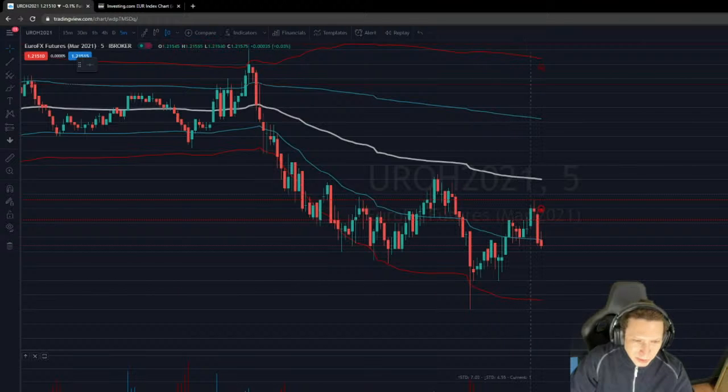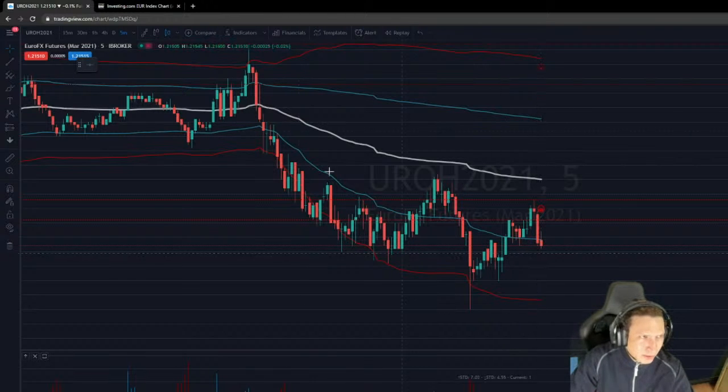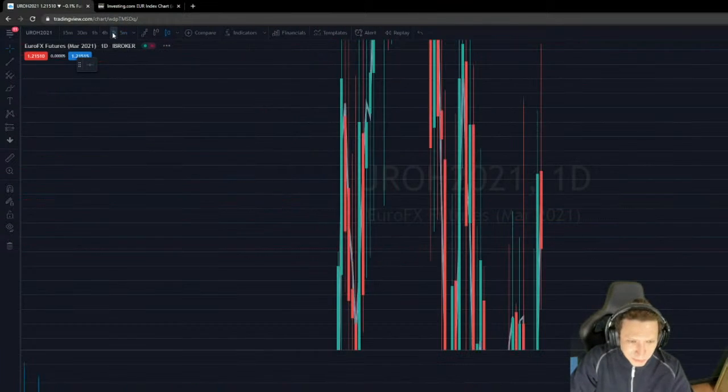You can see before it was an uptrend, this little uptrend here, and it was confirmed. Now it's been going downtrend, and it's also starting to be maybe a change in the trend. We're looking at a 5-minute chart, which is very, very short term. If we look at the daily, we can see it is actually an uptrend.